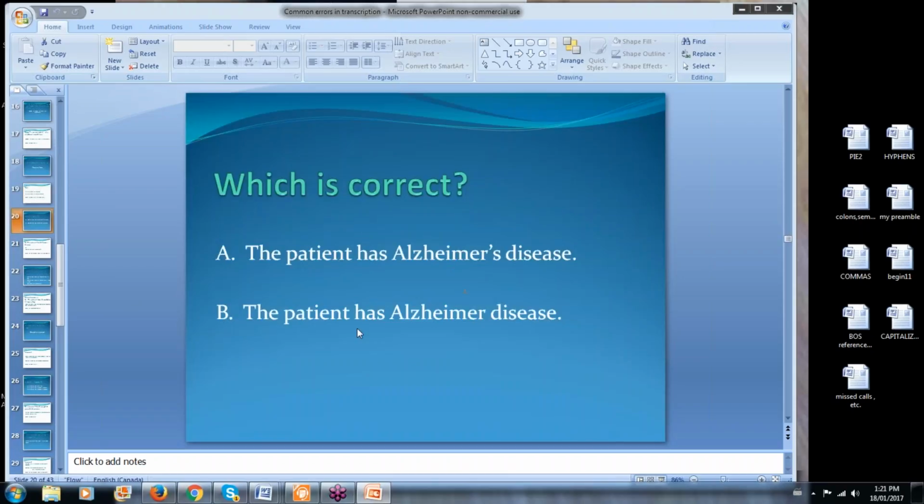Okay, let's see. Which is correct? A, the patient has Alzheimer's disease. B, the patient has Alzheimer disease.